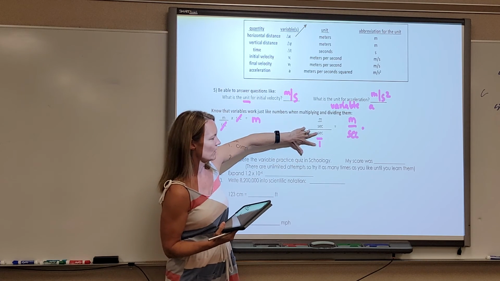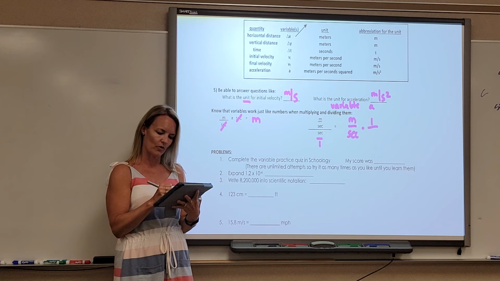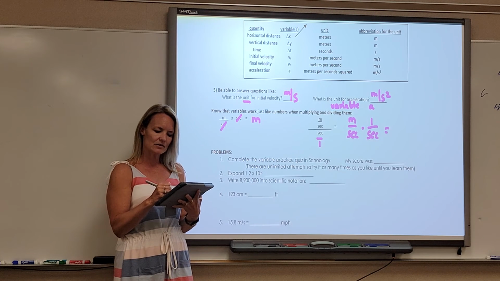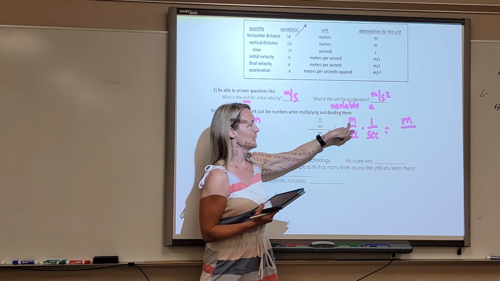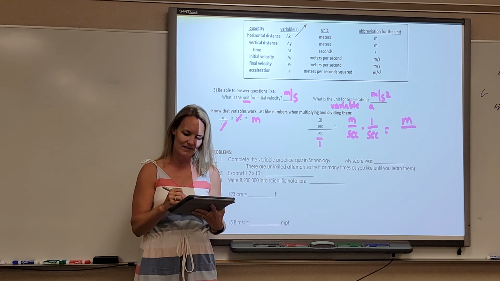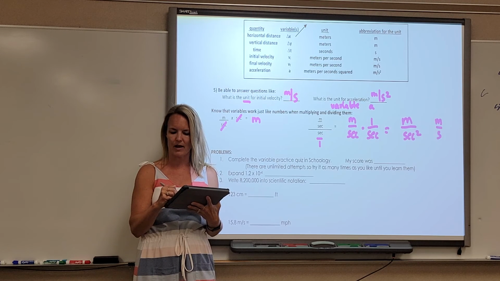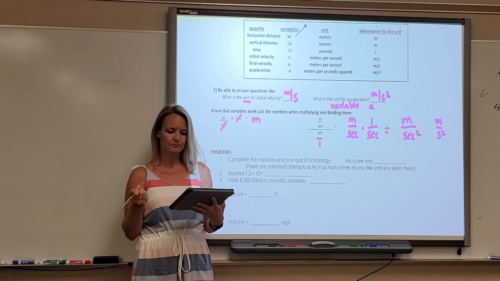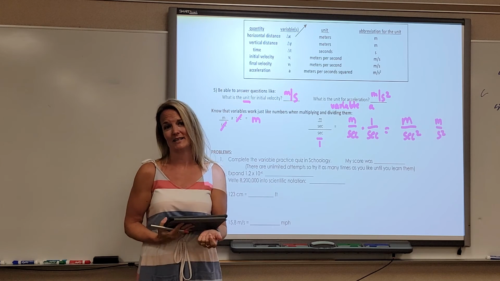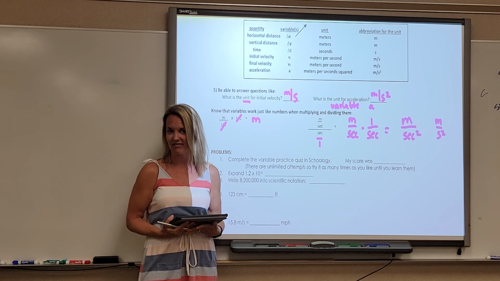Now I need to multiply by the reciprocal, so I'm going to have times 1 over a second. And this turns into meters on the top. A second times a second is a second squared, or you could just do meters per s squared. They're the same thing. All right, so they work just like numbers. You can multiply or divide the units as well.